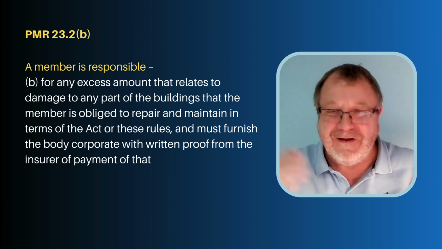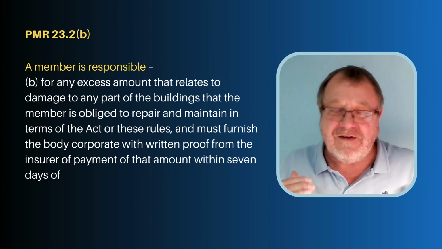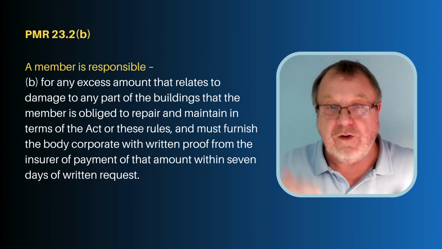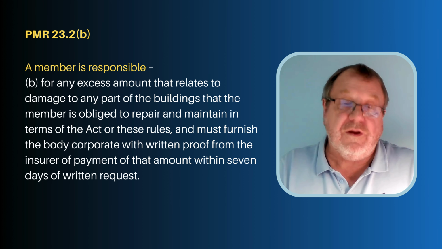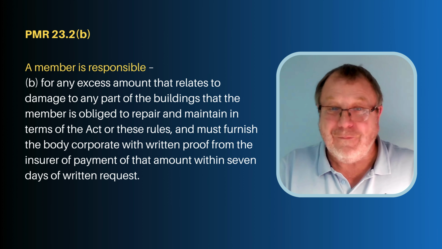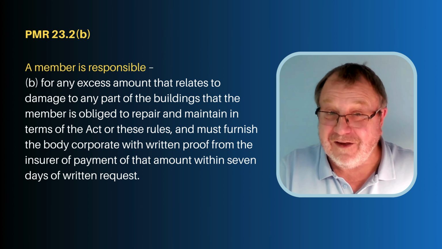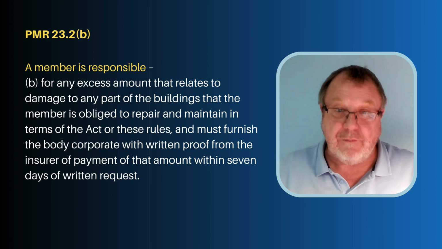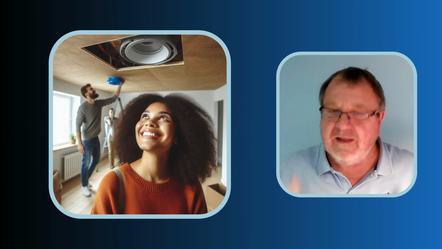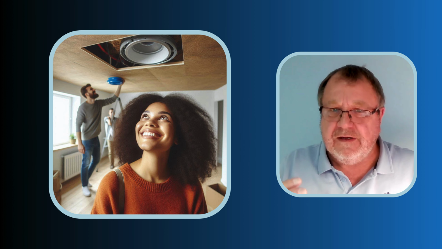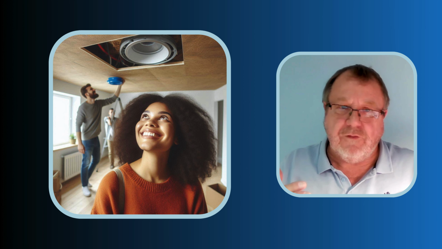So 31 makes the owner responsible for the geyser. Therefore, the owner, in terms of rule 23.2b, would be responsible to pay for any excess pertaining to that geyser or a claim resulting from that geyser. Okay, so definitely the geyser replacement itself would be for the owner's account.